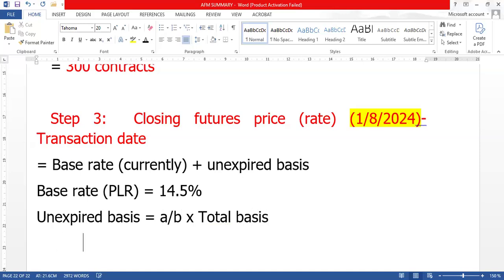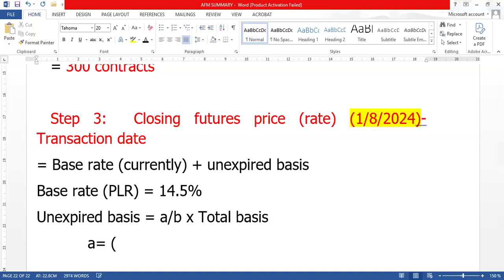What is A? What is B? Sometimes I don't normally like to use the formulas because they can confuse you when you're not familiar with them. But simply know that A is the period that has not yet expired.